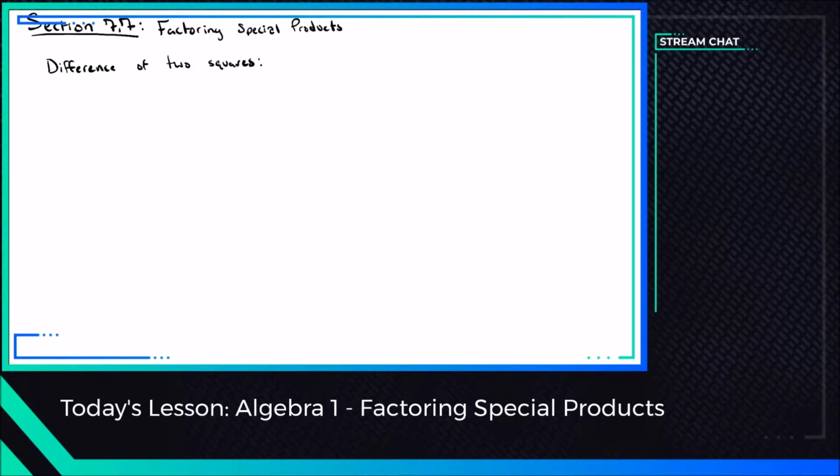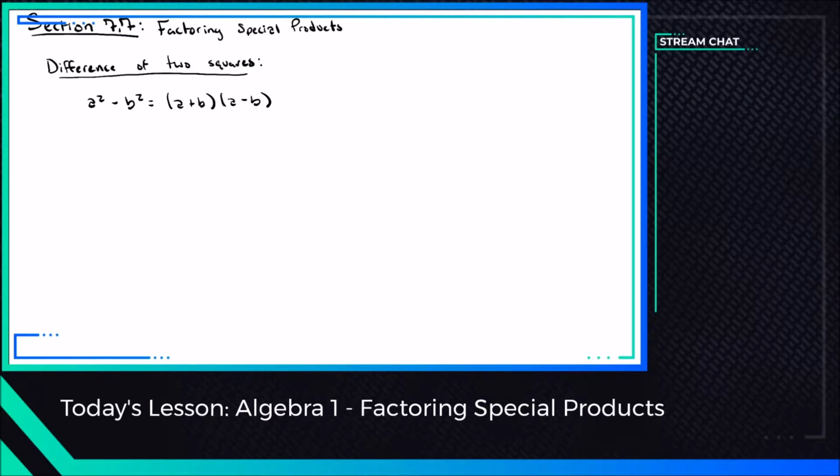The difference of two squares looks like the following. We've got a squared minus b squared, and that is going to factor into a plus b multiplied by a minus b.